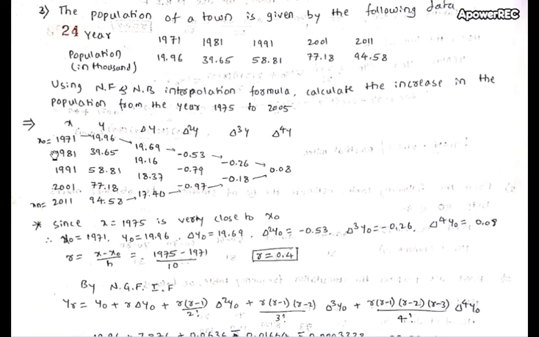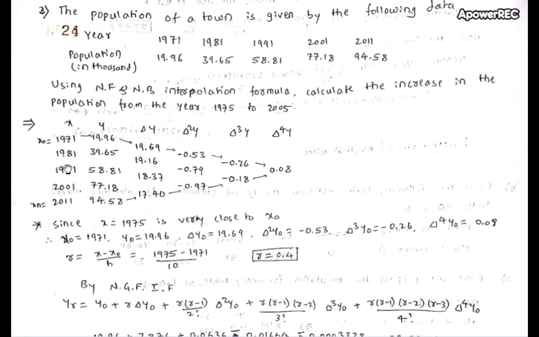We have to use the forward interpolation formula, and 2005 is close to the end value, so we will apply the backward interpolation formula. You have to use the topmost value and bottom value of the forward difference table. So x is 1975, close to x naught. Use the topmost value and substitute in the r formula. You'll get r equal to 0.4.